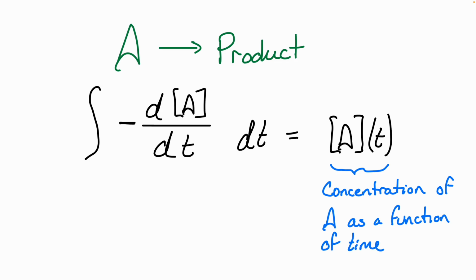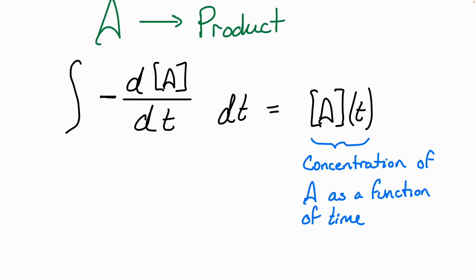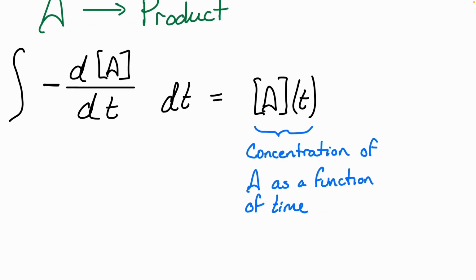That's all that means, a lot like how in math class you use f of x. Same sort of symbology here: concentration of A as a function of time. Honestly, you can also just leave out that time portion if it's a little confusing.